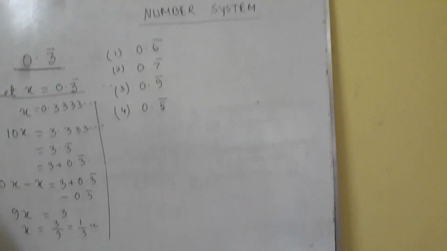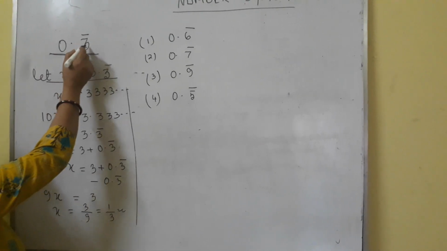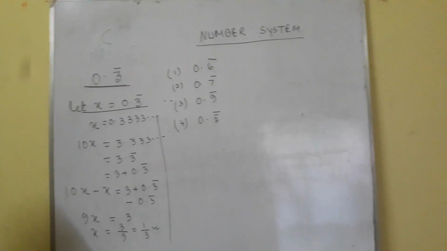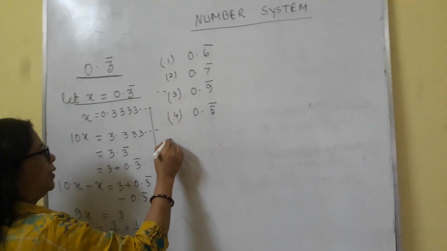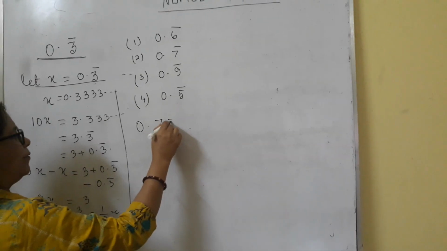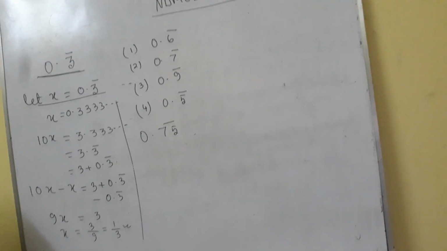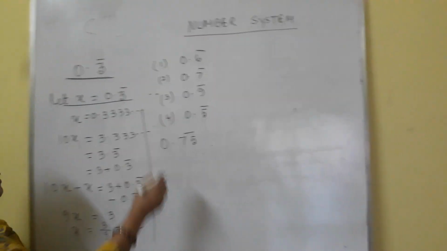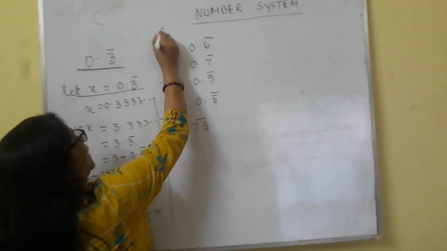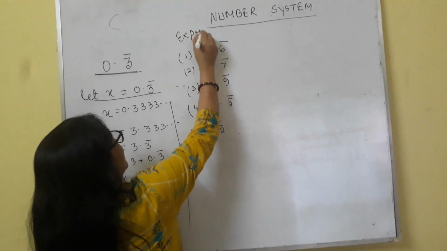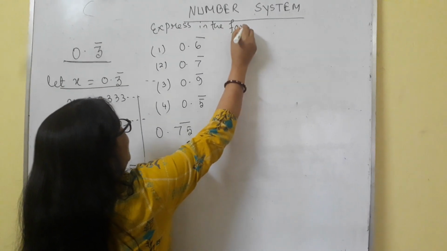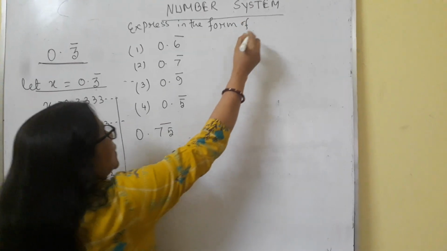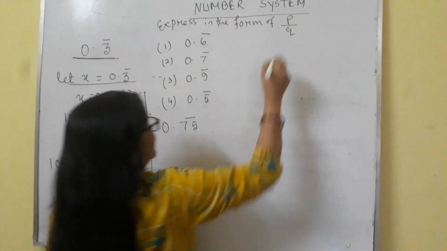Now take another example. This is with 1 digit after the decimal. If we have 2 digits after the decimal, as an example, suppose 0.75 bar. We have to express this also in the form of p by q.